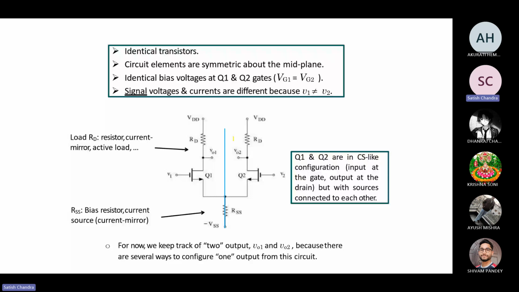In the common source configuration, since there are several ways to compare one circuit, and the two sides are identical, each half will be similar.